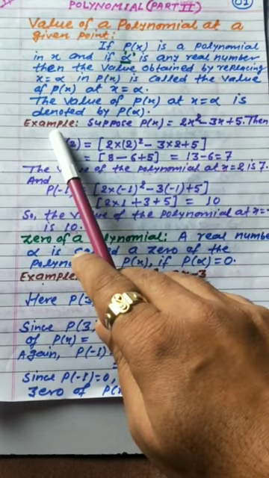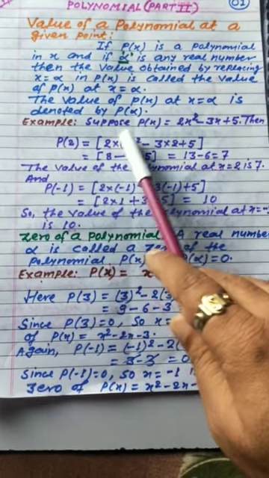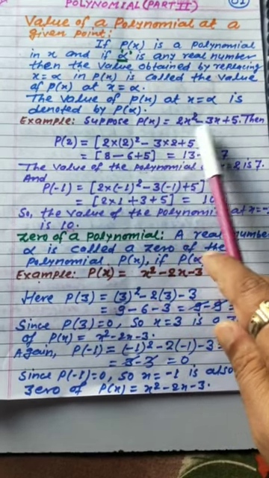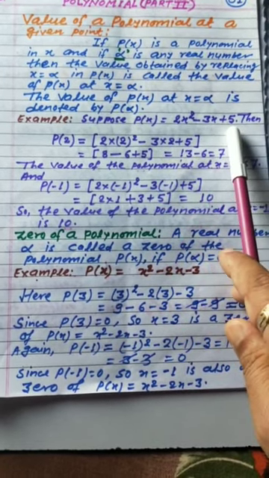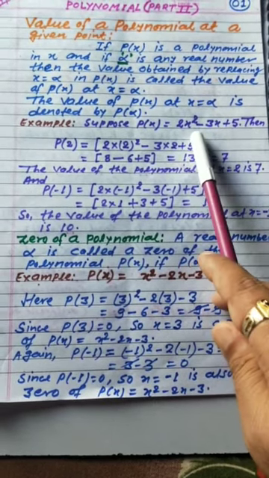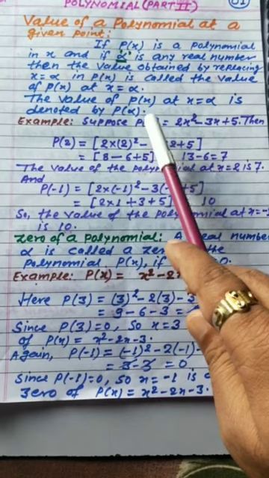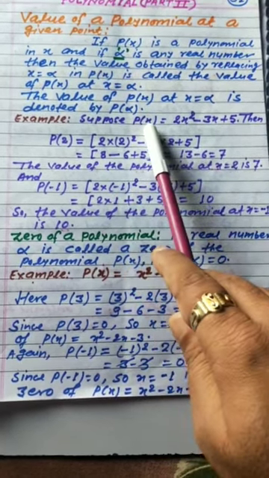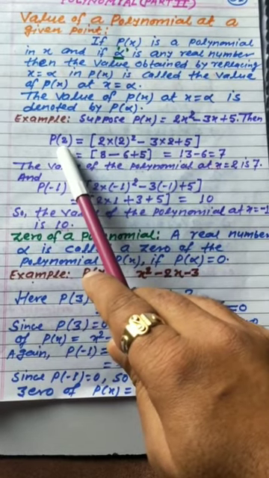As for example, suppose px is equal to 2x square minus 3x plus 5. This is a polynomial in x. Then we have to find the value of this polynomial at x is equal to 2. So we replace this x by 2.